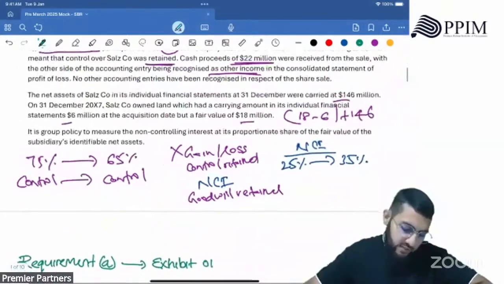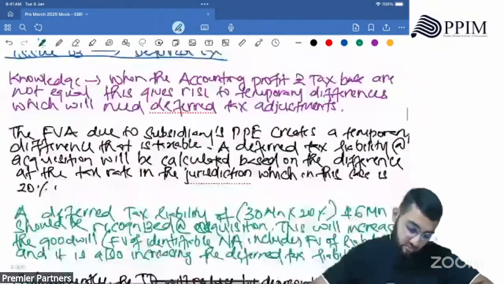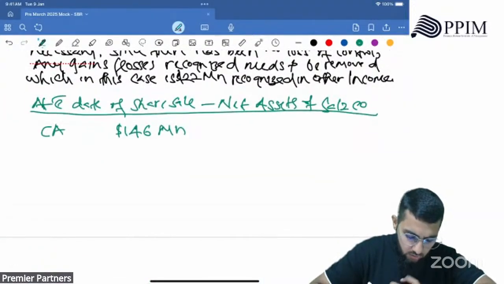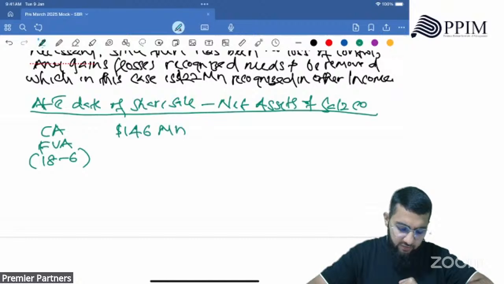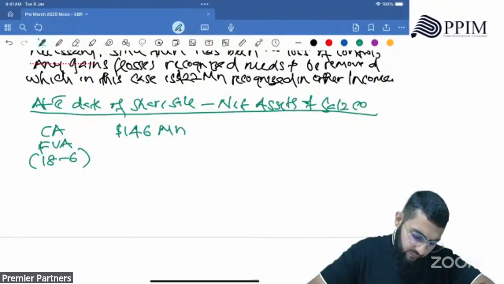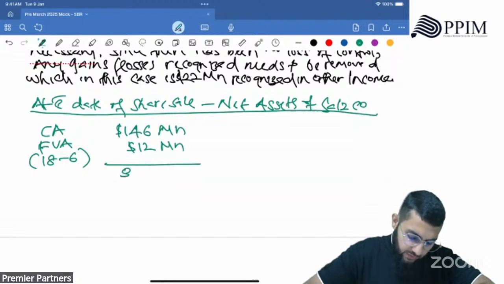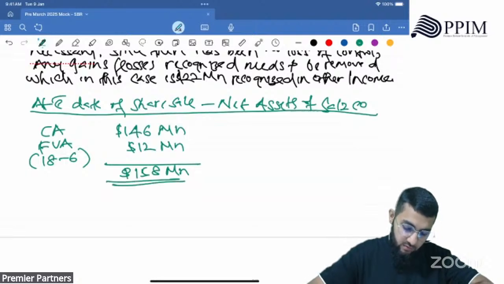Right, so 146 million is the carrying amount of net assets. Then there is a fair value adjustment of 18 minus 6, which is 12. So that brings us to 158 million.